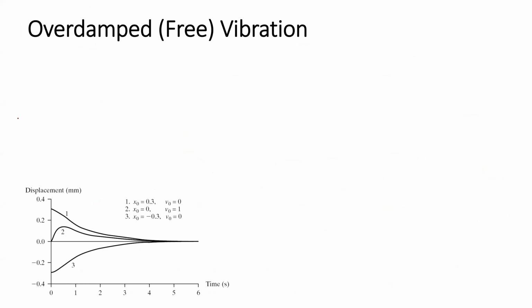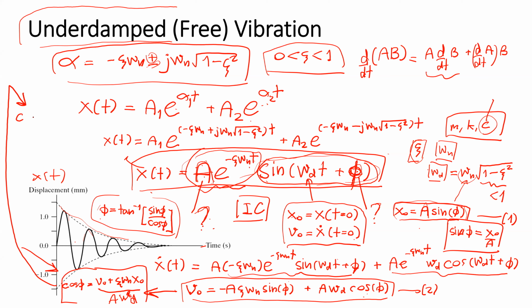So the cosine of phi is equal to v0 plus psi omega n x0, divided by A omega d.